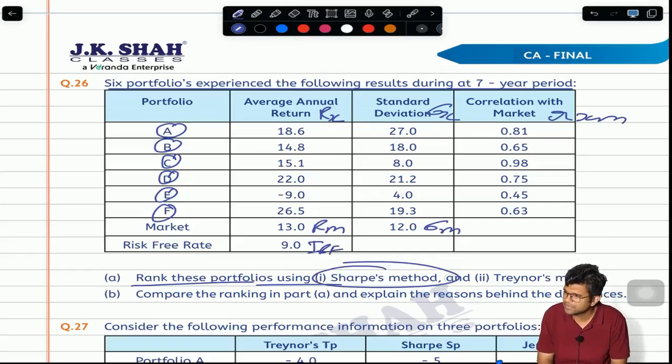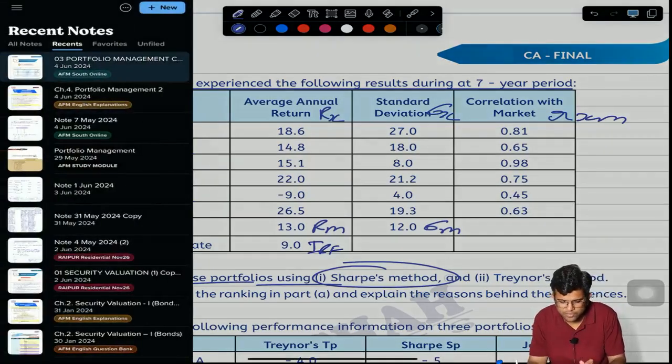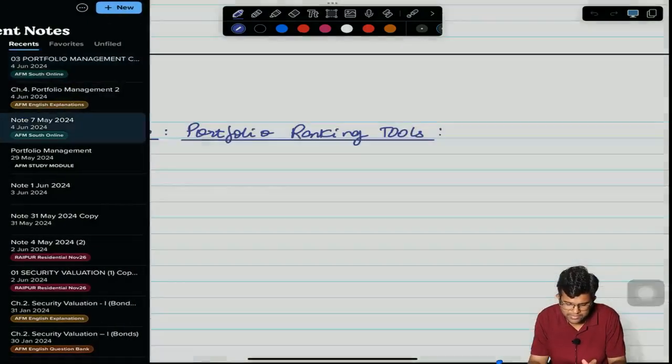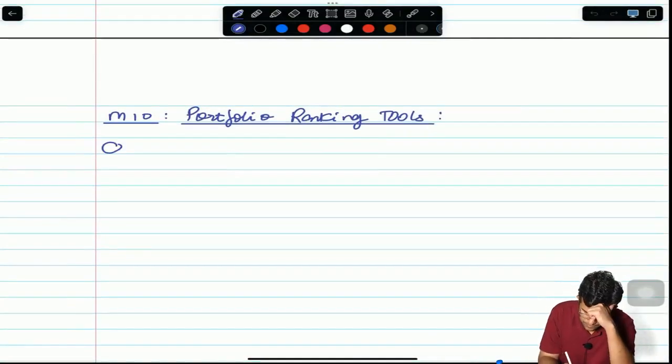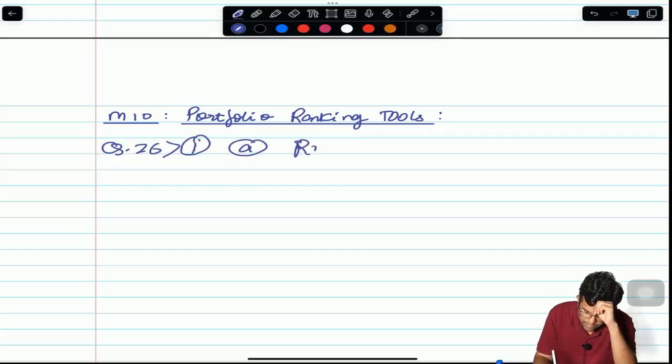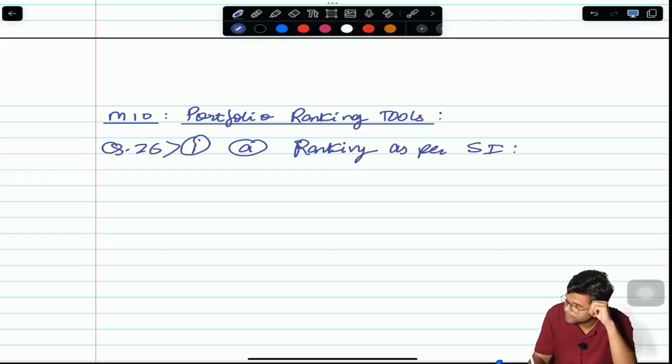Students, Sharpe's method. Now what I will do, write down with me in the notebooks please, question 26. Point number 1, in that point A, ranking as per Sharpe's index.